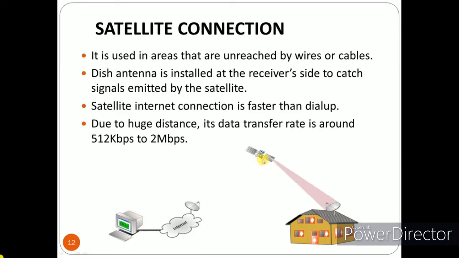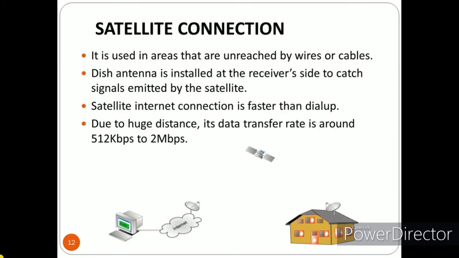And this satellite will broadcast the data to the receiver, where we work. You can see the dishes installed here. So the receiver will catch the signal emitted by this satellite. Fine. A satellite internet connection is faster than the dial-up connection. Due to the huge distance, its data transfer rate is around 512 kbps to 2 Mbps.